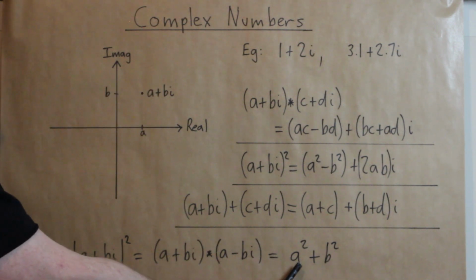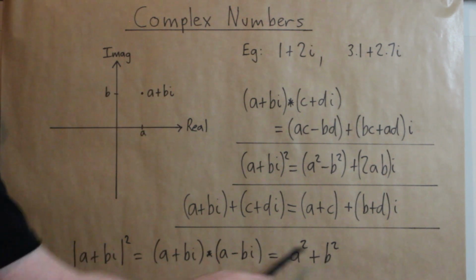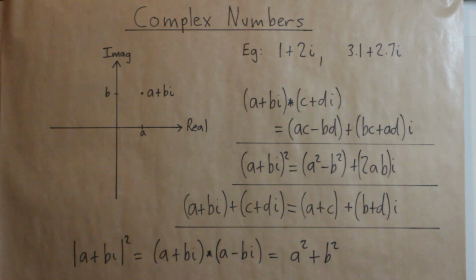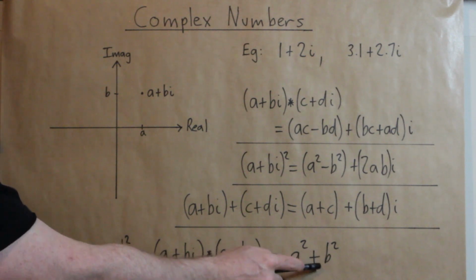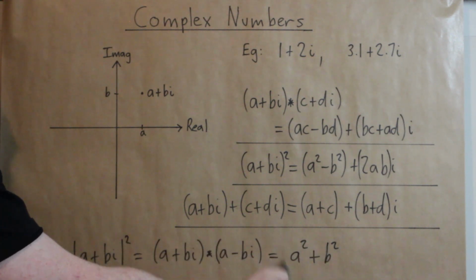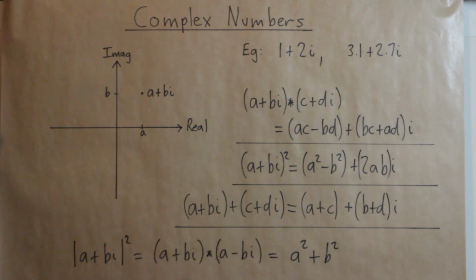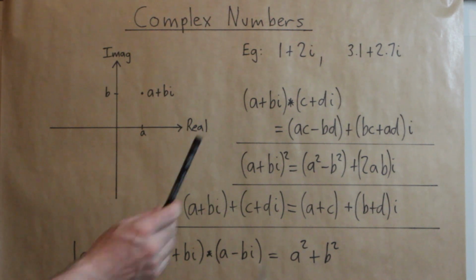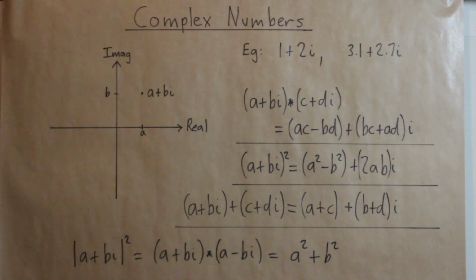So in other words, we're going to need to look at the value a squared plus b squared, and if this is ever bigger than 2 squared, which is 4, then we know that we're outside the circle and the point wasn't in the Mandelbrot set. So we just need to keep an eye on this. We'll apply the Mandelbrot iteration over and over again, and if this value ever goes bigger than 4, we know that we're not in the set.